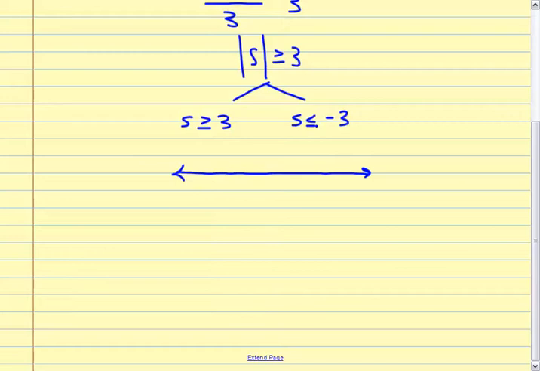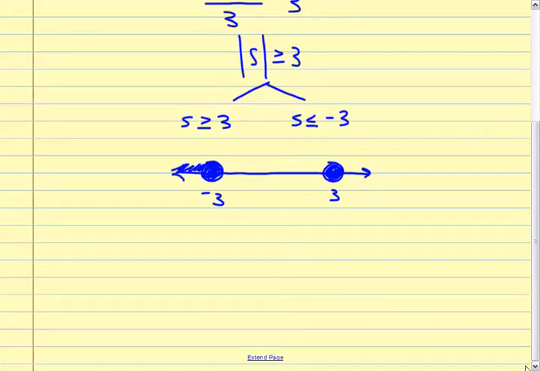What are the 2 critical numbers? 3 and negative 3. Now, can it be equal to those 2 numbers? It says or equal to, so I'm going to color those in. S is less than or equal to negative 3, so I need to shade this way.